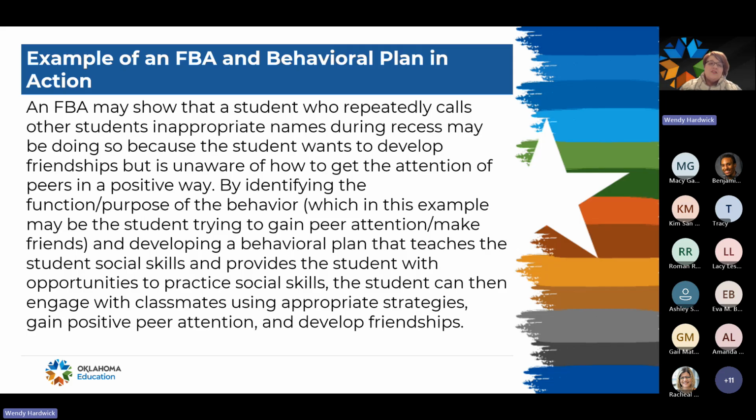By identifying the function or the purpose of the behavior, which in this example may be that the student is trying to gain peer attention and make friends, and developing a behavior plan that teaches the student social skills and provides opportunities to practice those social skills, the student can then engage with classmates using appropriate strategies, gain positive peer attention, and develop friendships. So this shows how understanding the why of the behavior helps us provide students with tools that they need to be successful.